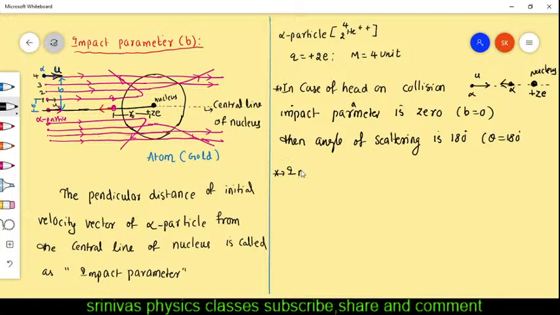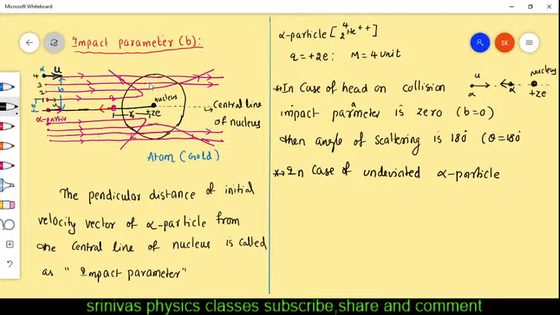Okay. In case of undeviated alpha particle, what is it? This undeviated alpha particle goes straight, right? This also goes straight. The third alpha particle and the fourth alpha particle go straight without deviation.